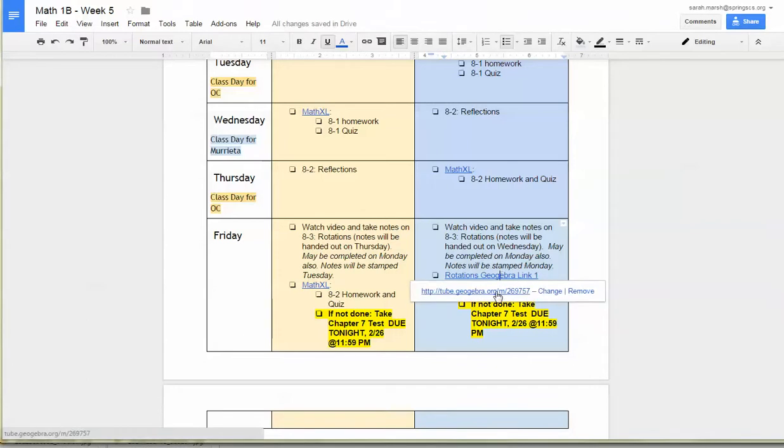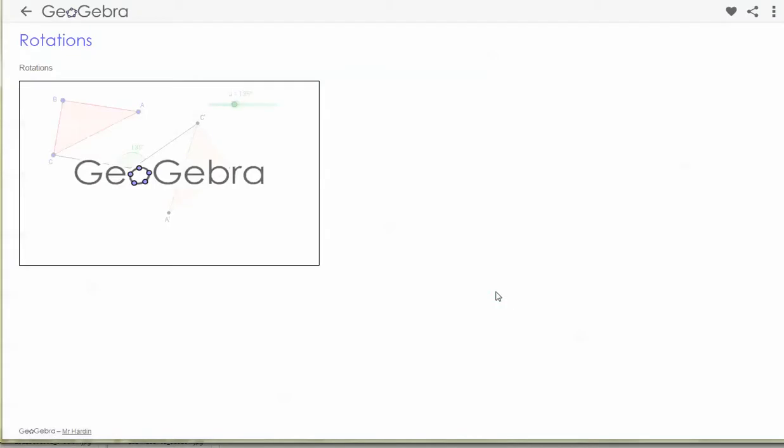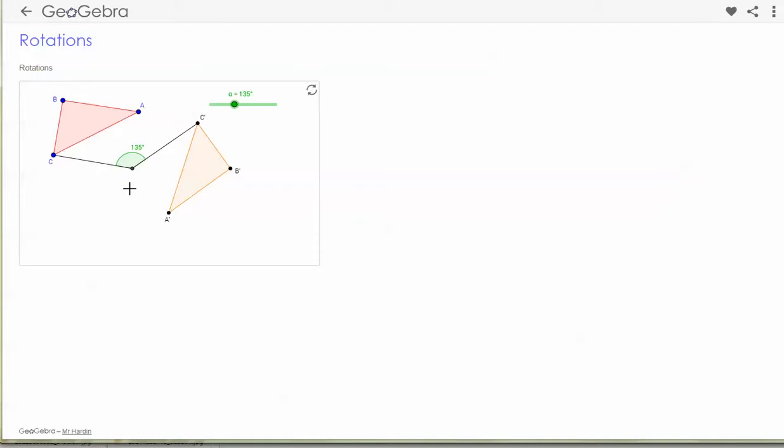First I'm going to show you Link 1. This is something that you can actually interact with if you click on that link. It shows a triangle, the pre-image, and another triangle, which is the image. You can see that this point right here is your center of rotation, and 135 degrees right now is the angle of rotation.